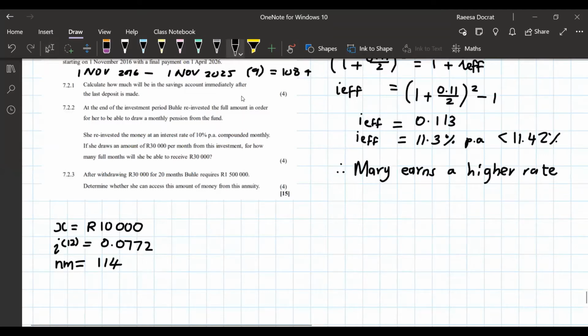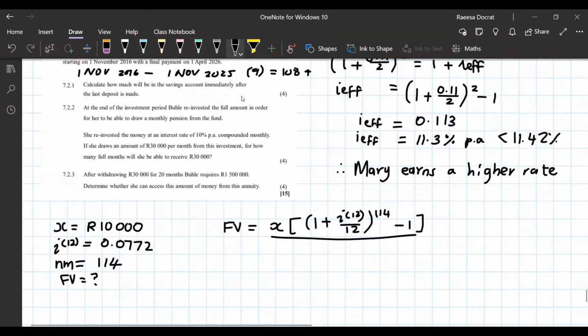The next thing is we want to calculate the future value. So we have to identify which formula we're using. Plugging in our formula, the future value is x times 1 plus i12 over 12, to the power of m times n, in this case 114, minus 1, all over your interest rate, so i12 over 12.